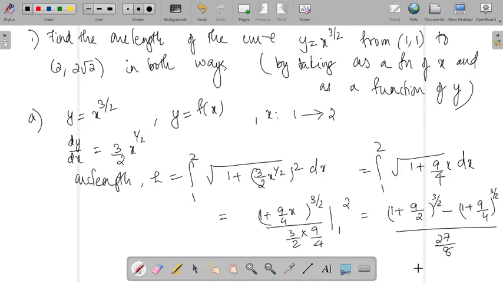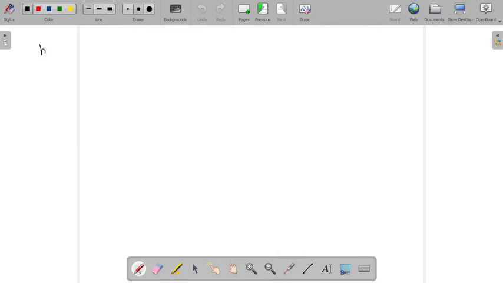So upon simplifying, that will be equal to 2.09. So that's the required arc length. So this is where y is expressed as a function of x, and let us do it the other way.